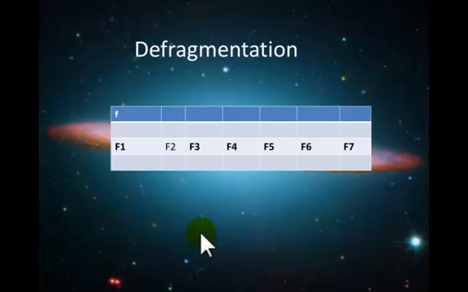Okay, listen to me. Imagine that the table is your hard drive, and these are the files inside that hard drive. When you copy a file, for example file number 1, F1, it's put in here. File number 2, file number 3, 4, 5, 6 and 7. Imagine that while I'm using my system, I delete file number 6 and file number 5.